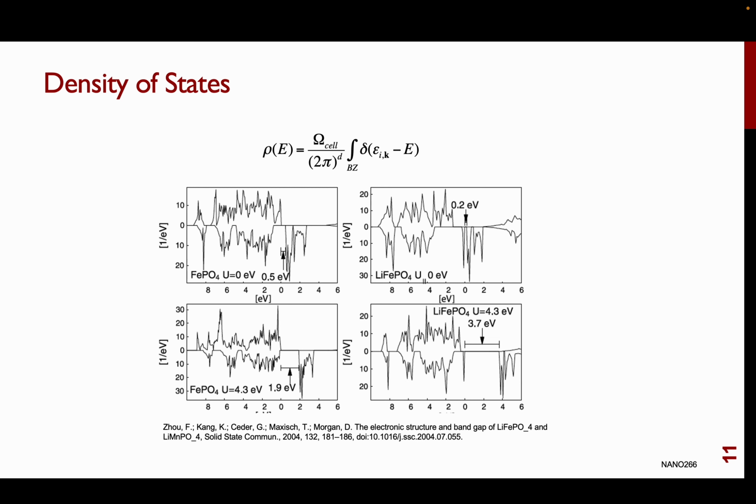Both iron phosphate and lithium iron phosphate are supposed to be fairly wide band gap insulators, but when you actually do DFT calculations on these two materials, you will find that iron phosphate only has a small band gap of 0.5 eV, and lithium iron phosphate has a small band gap of 0.2 eV.